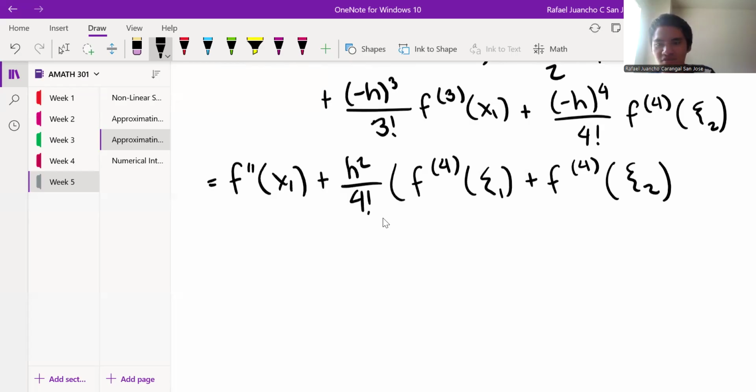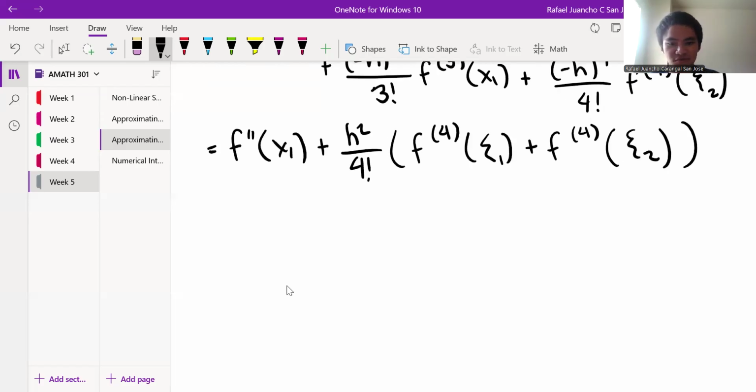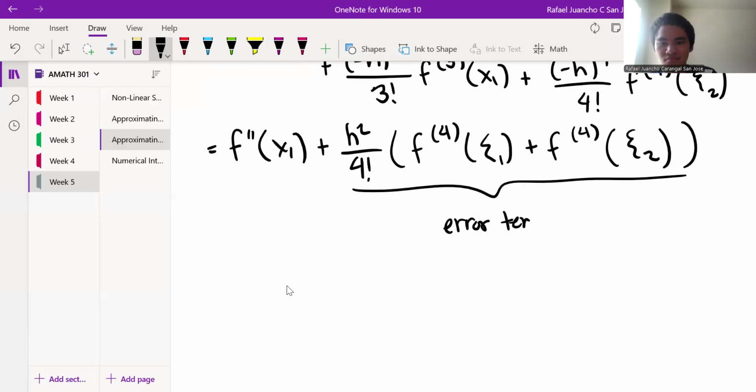And then this whole thing is multiplied by h squared over 4 factorial. Apparently that's how Taylor approximation works. This is my error term, and this error term is basically, oh, look at that, big O of h squared. And so my convergence rate is order 2.